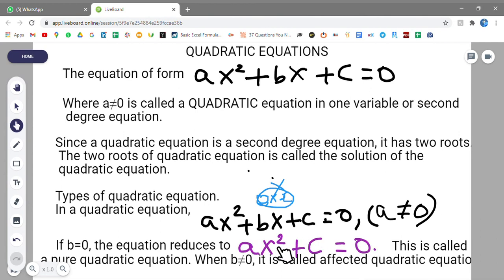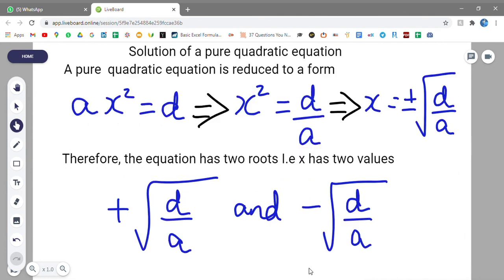But if it is in the normal format, it is called an adfected quadratic equation. So these are the two major forms: pure quadratic equation and adfected quadratic equation. This is the first part.